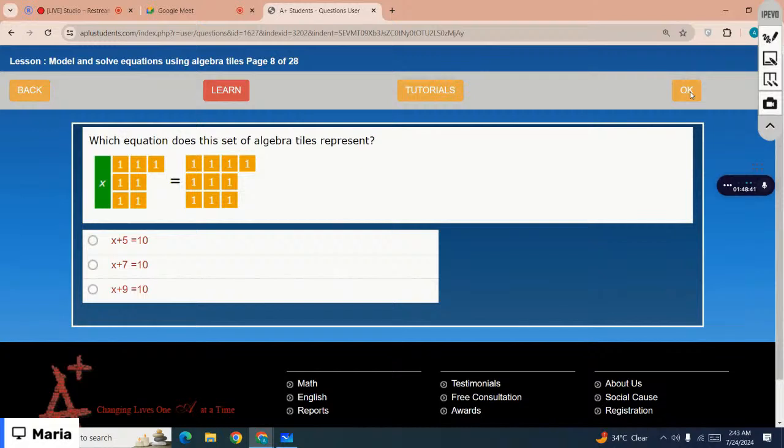Which equation does this set of algebra tile represent, which is the correct option? It's okay and take it easy.